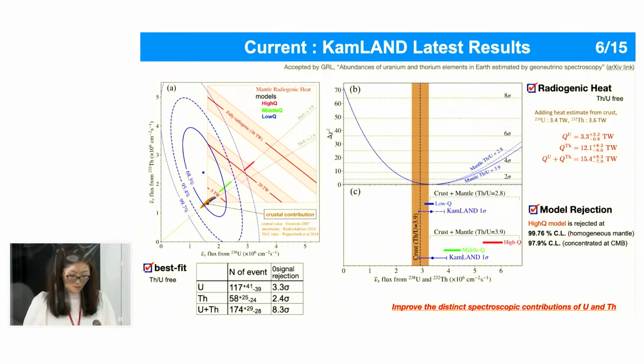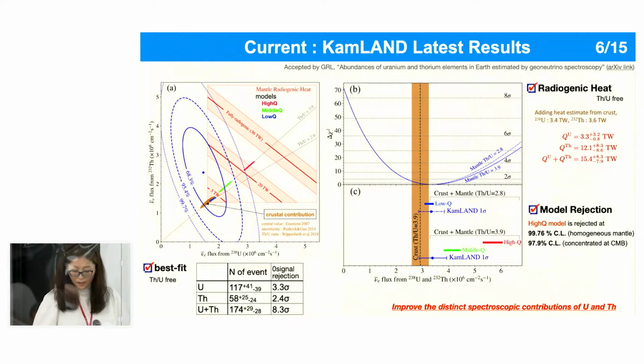This figure shows the comparison between the low Q, middle Q, and high Q models. As you can see, the data with a different uranium-thorium ratio does not match the high Q model, which is a 30 terawatt radiogenic heat model.